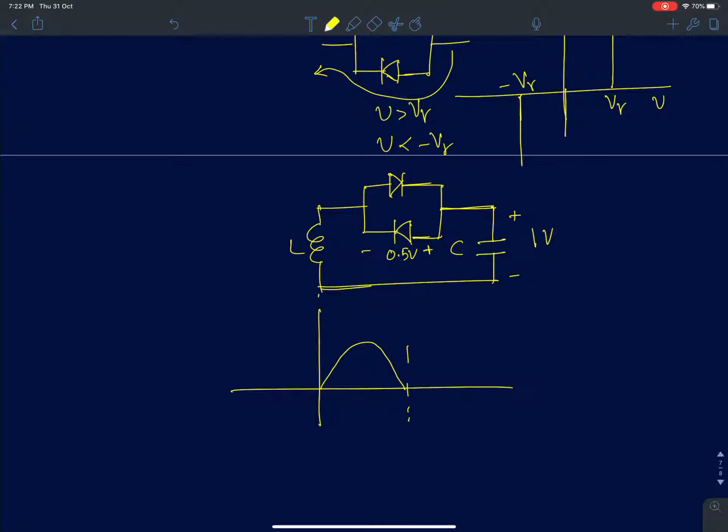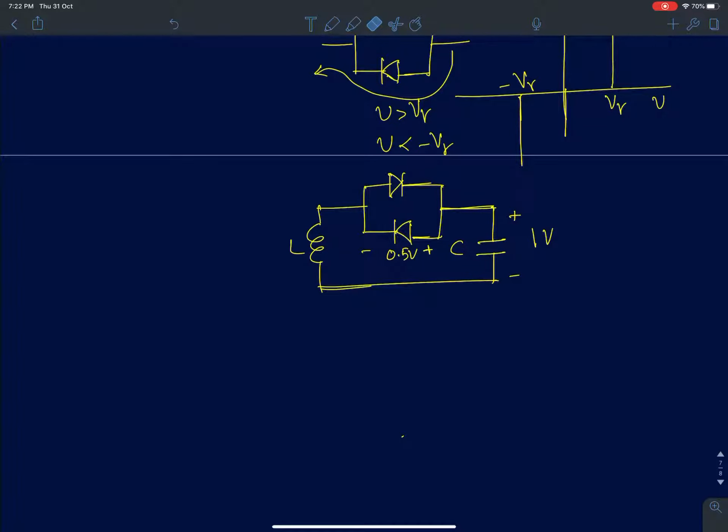The voltage across the inductor will go from plus 0.5 to minus 0.5, and the voltage across the capacitor will go from 1 to 0. We already discussed this problem. So the system will come to rest at one half of the oscillation cycle. So we'll analyze a different case.